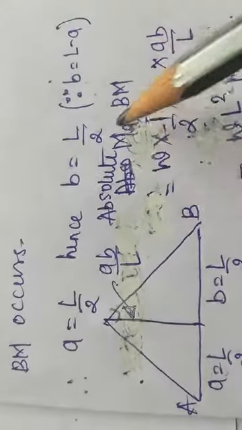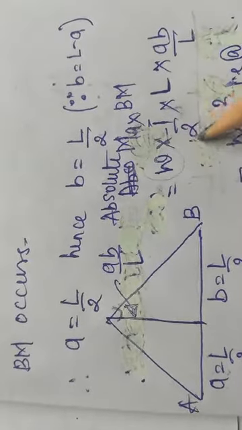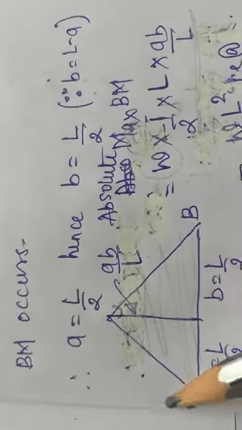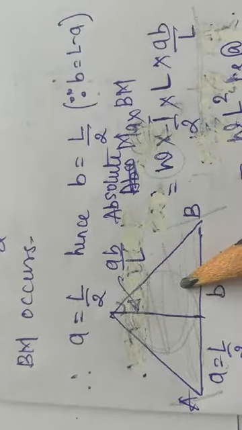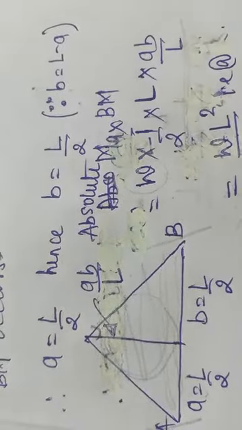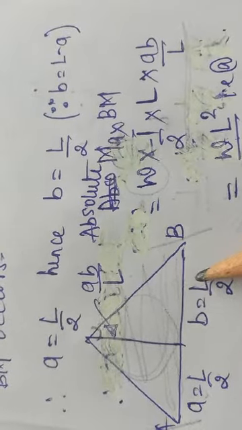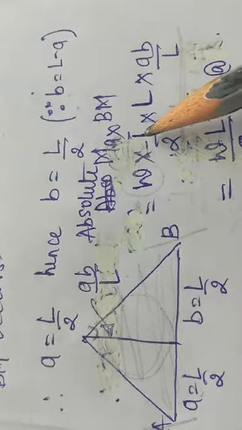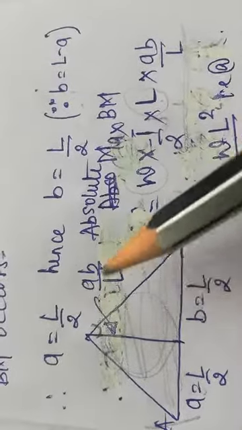Now the absolute maximum bending moment is given by load multiplied by the area under the UDL. The UDL is covering the complete span AB. Since the base is the same, this is a triangle of length L by 2 plus L by 2, which gives L. So I can take the base as L multiplied by the ordinate.